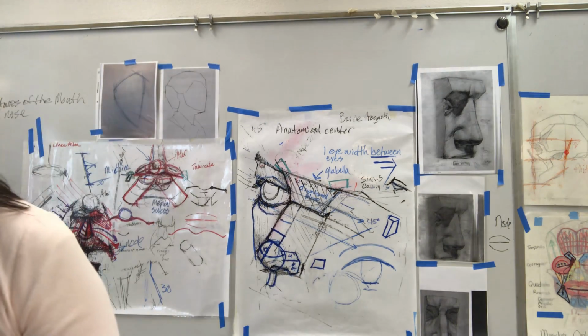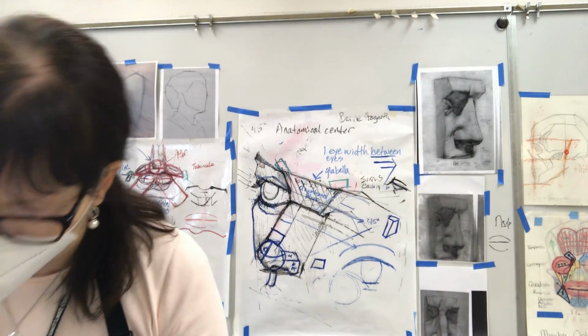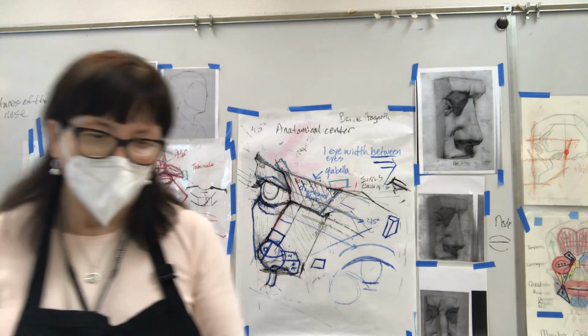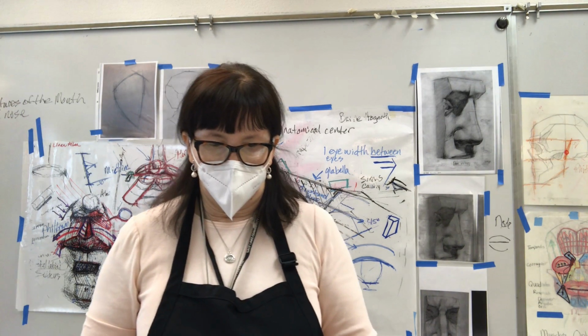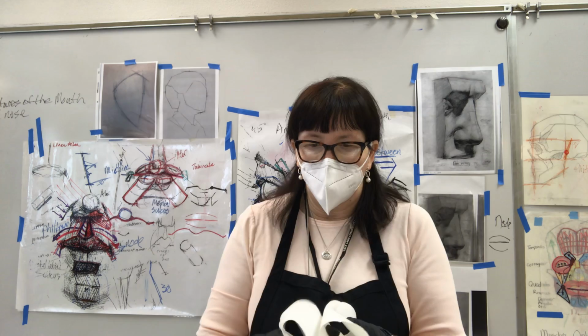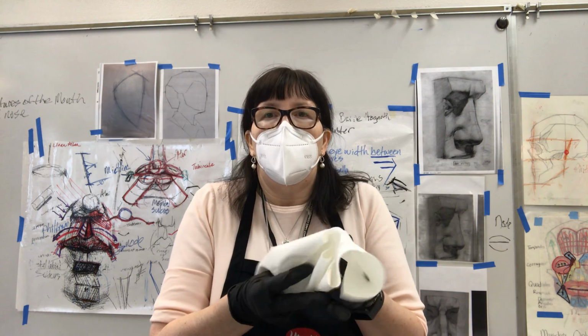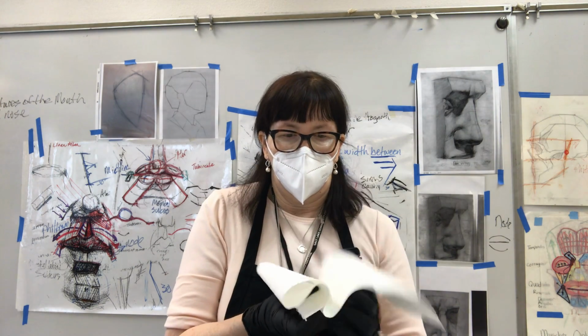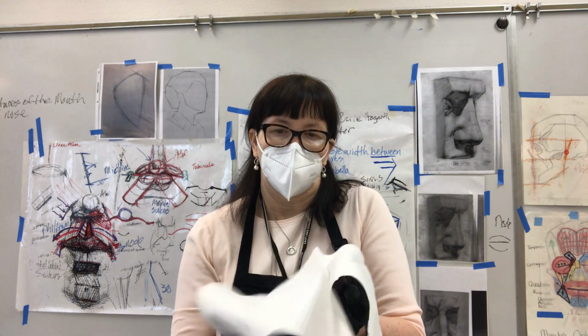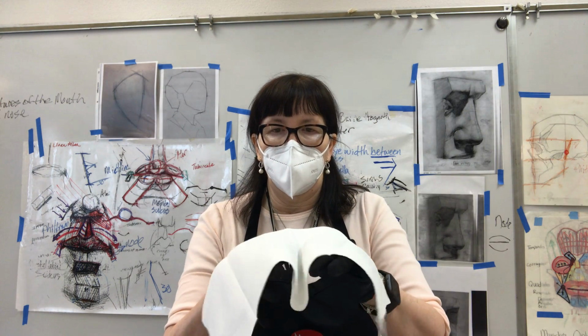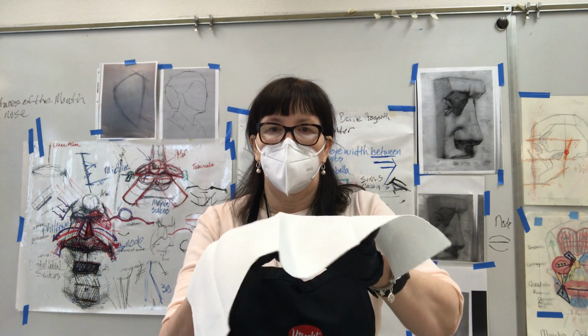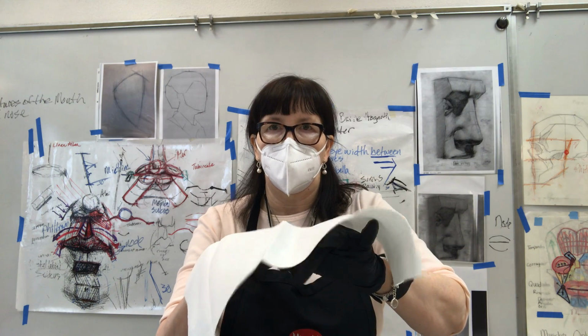So let's see if I can recreate this for you with some paper towel. Okay, so here we have the shape of the mouth. This may not work real well, but we'll give it a shot. Okay, so this is catching the light.